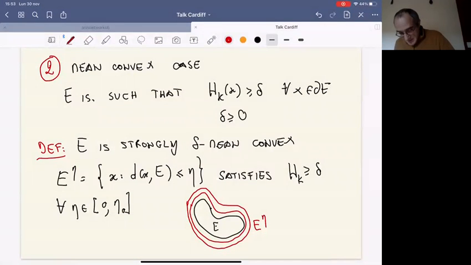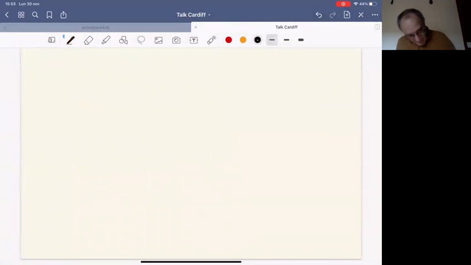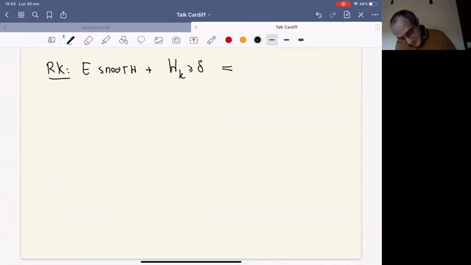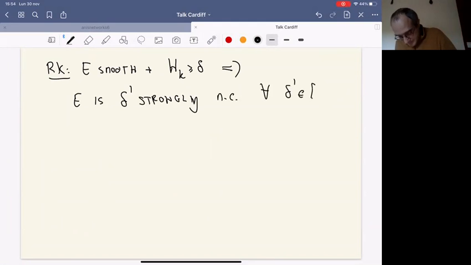And then as a remark, if E is smooth and h_k is greater than delta, then E is, by perturbation, when I pass to E eta, the mean curvature changes only a little bit because the integral has only a small variation. So E is delta prime strongly mean convex for every delta prime in (0, delta).